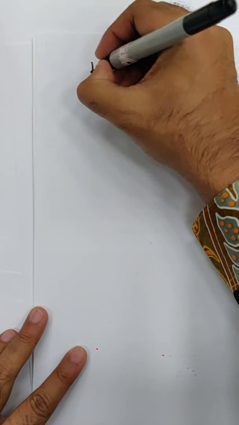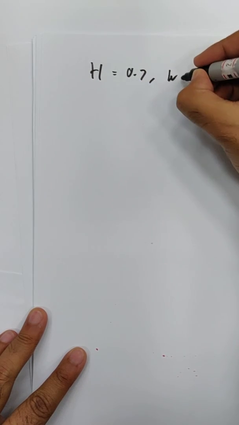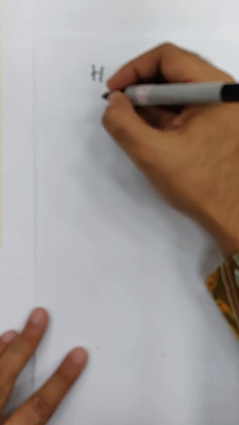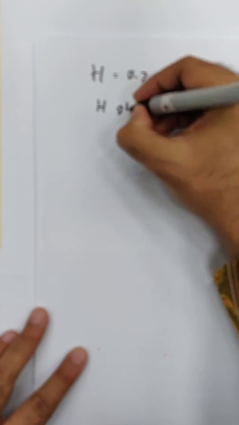I know that the husband pass is 0.7, the wife pass is 0.5, and husband given his wife pass is 14/15.